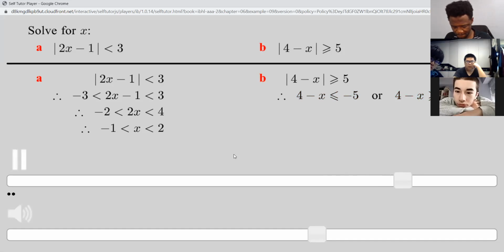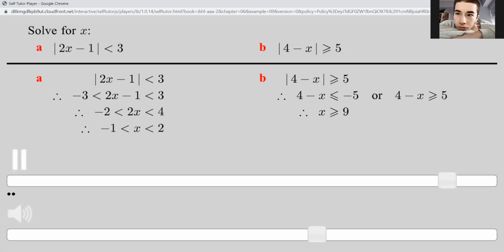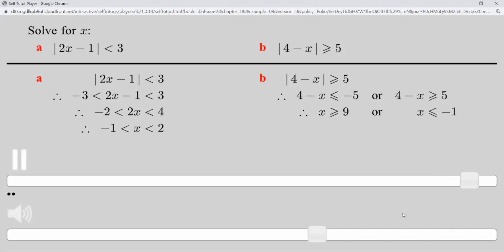We now solve the linear inequalities individually. For the first inequality, we add x and 5 to both sides and find x is greater than or equal to 9. For the second inequality, we add x and subtract 5 from both sides and find x is less than or equal to -1.